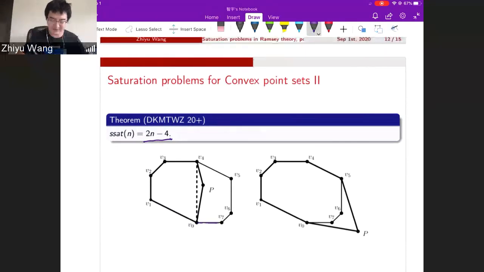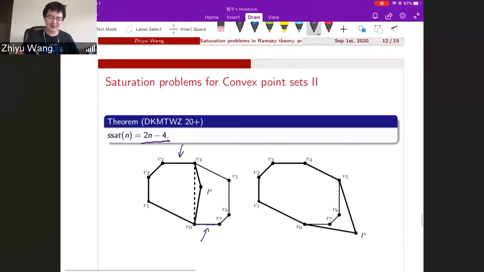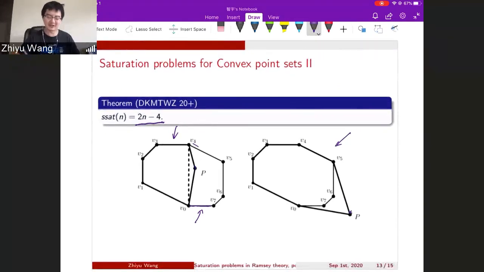For every edge we can identify an opposite edge and make them parallel with each other. It's easy to see that no matter whether you put the point P inside this point set or outside, which needs a little bit more work, you can always find a new convex n-set.